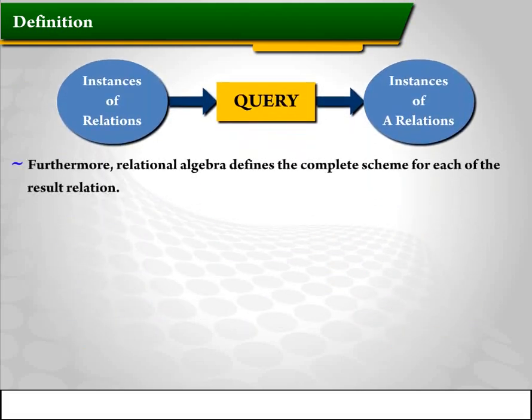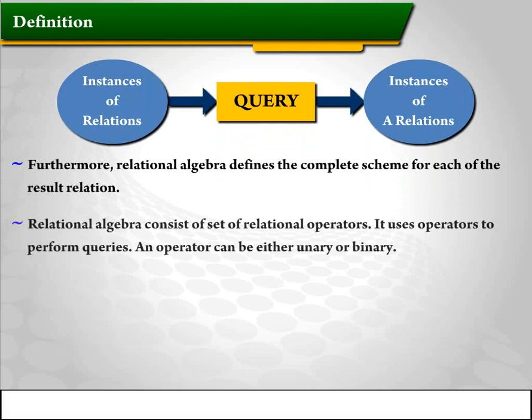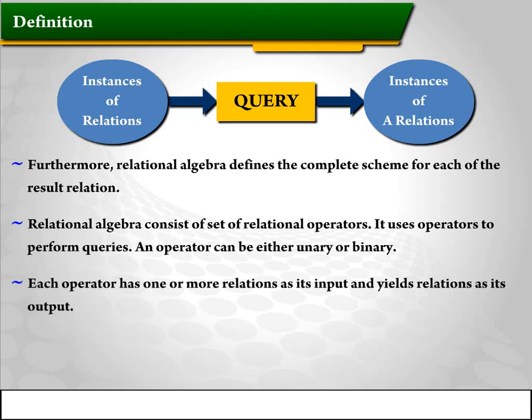Furthermore, relational algebra defines the complete scheme for each of the result relations. Relational algebra consists of a set of relational operators. It uses operators to perform queries. An operator can be either unary or binary. Each operator has one or more relations as its inputs and yields a relation as its output.